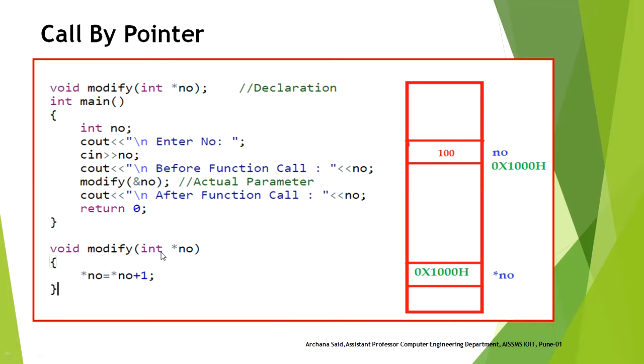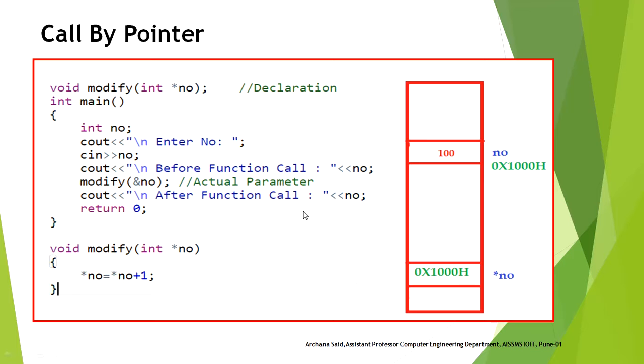Here it is an integer pointer, so this integer pointer will contain the address of an integer variable. Now let's say this no is stored at location 1000h. This 1000h will be stored as the value of this pointer variable. So whatever changes you make in the modify function will be done at location 1000h, meaning the value will get reflected at this particular memory location.